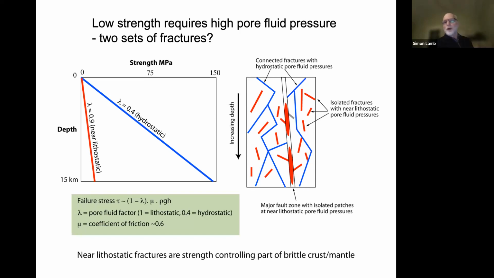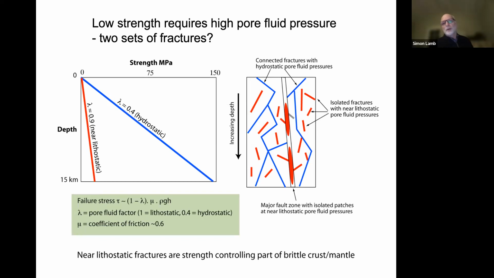So that's not where it's going to fail. It's not going to fail on those fractures because the stresses are not high enough. But you also have a whole system of fractures which aren't connected, which are at near lithostatic pressure, and that's where it does fail.